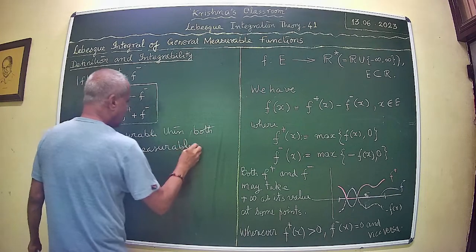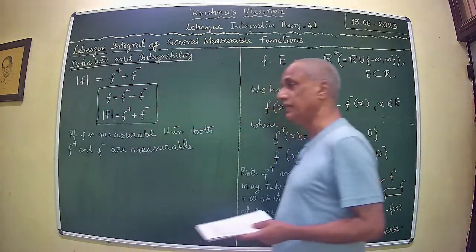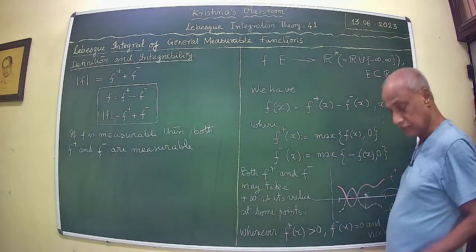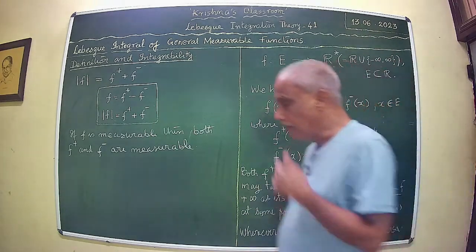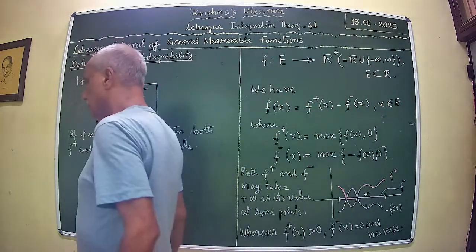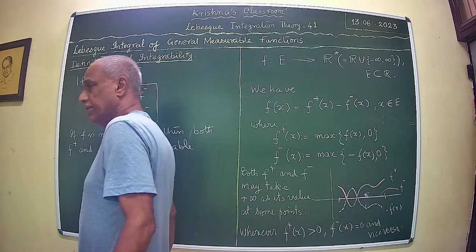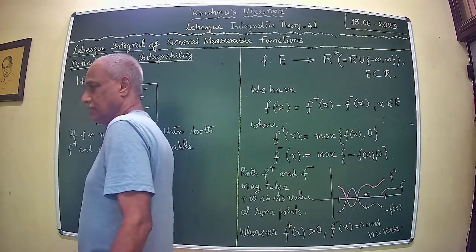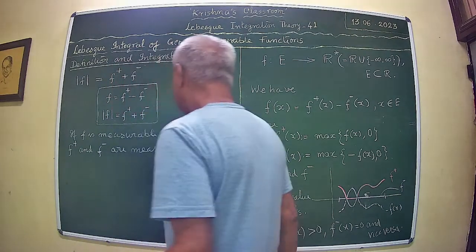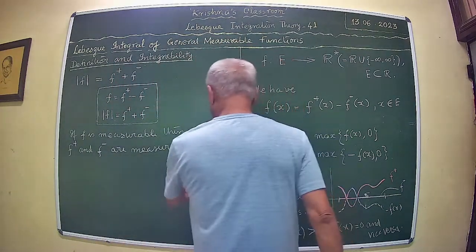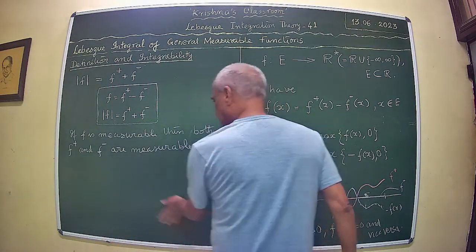This we have proved earlier. That is, if f and g are two functions, then the maximum of f comma g and the minimum of f comma g are all measurable functions whenever f and g are measurable.